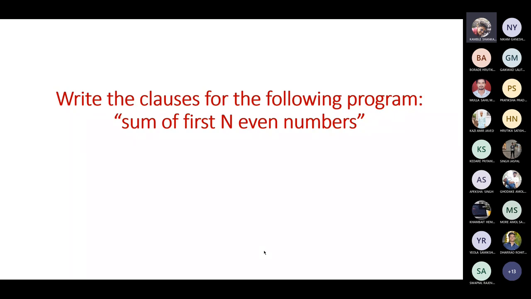Rest everything is correct. Sum of n, without the guard, will it not work? N plus sum of n minus 2. And then it is for all n greater than 0. So that will be basically for even.